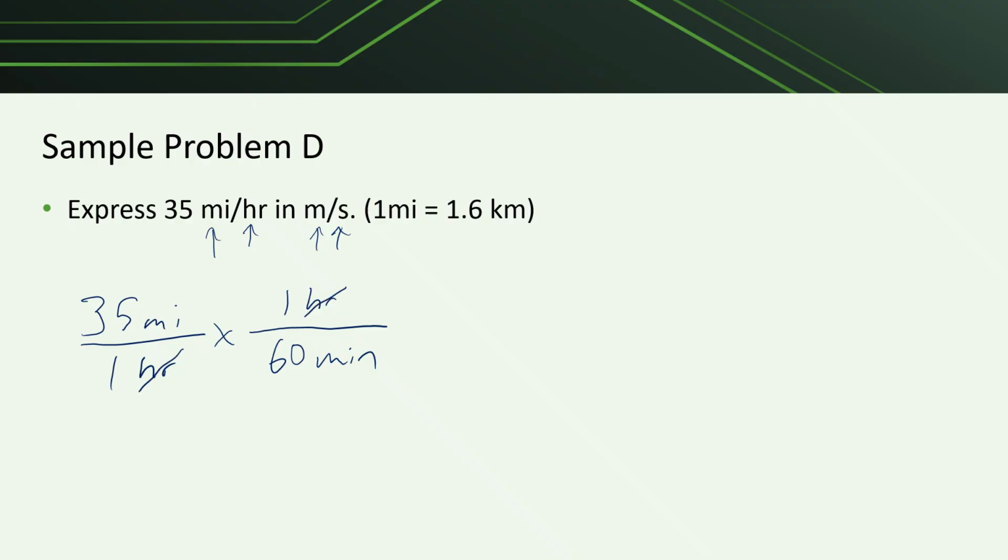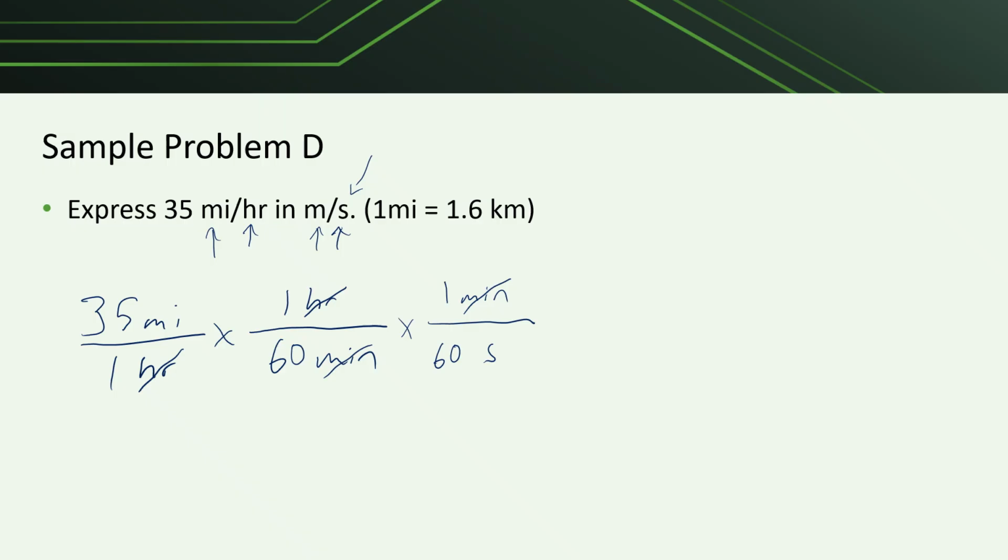As long as you have one on the top and one on the bottom, it doesn't matter what order they're in. If I were to stop here, I'd have miles per minute. But I need seconds as my time unit. So in 1 minute, there are 60 seconds. So minutes can cancel. So now I have seconds, which we want. And if I wanted to, I could stop there and find miles per second.